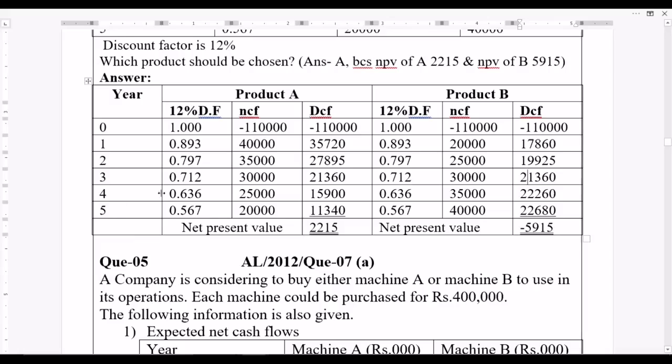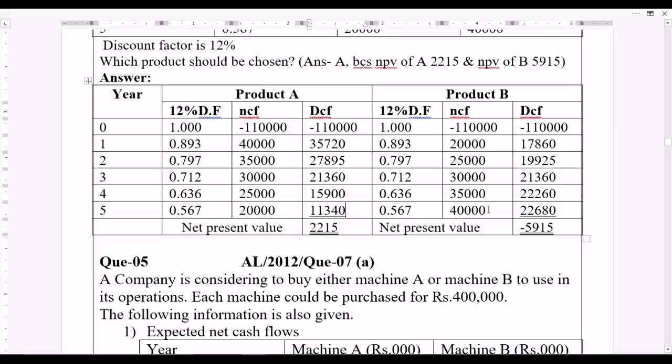At the end of the fourth year, the discount factor is given. This is the cash inflow from product A, so the net present value is this much, right? And in the case of product B, the cash inflow is 35,000, but the net present value is this, as well as at the end of year five, cash inflow 20,000, so the net present value is 11,340.